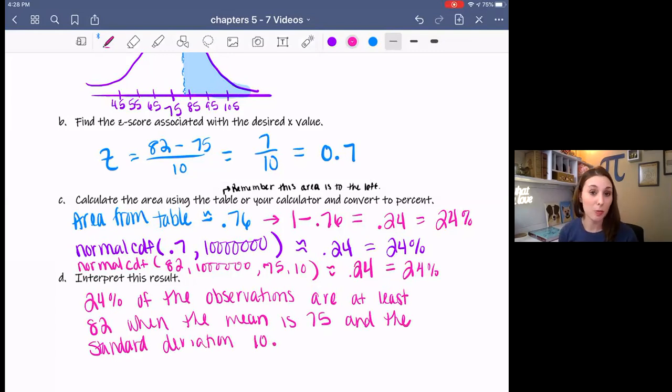That's all it means. That's a percentage. The area that we're finding under the curve represents the percent of observations within that range.